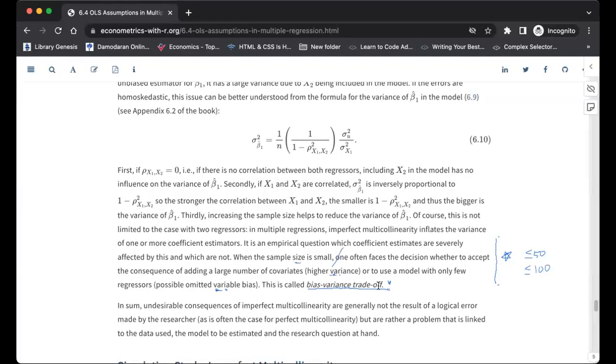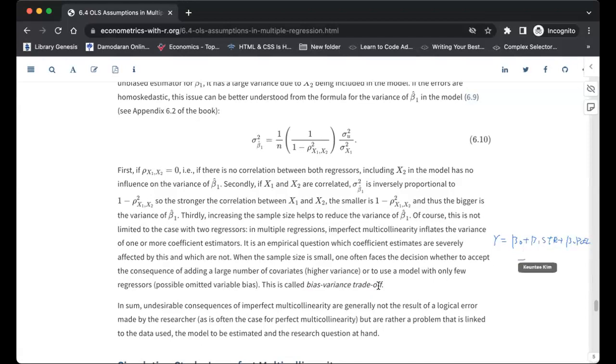Okay. Another thing we have to think about is that in these sections the author is just simulating the model. But let us think about the previous model, with English score, beta 0, beta 1 STR, and beta 2 percentage EL.